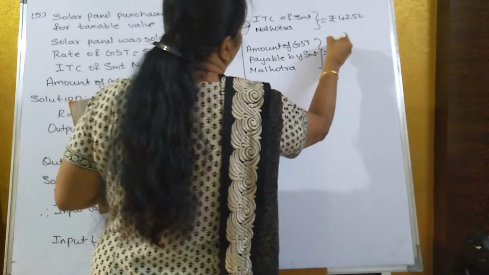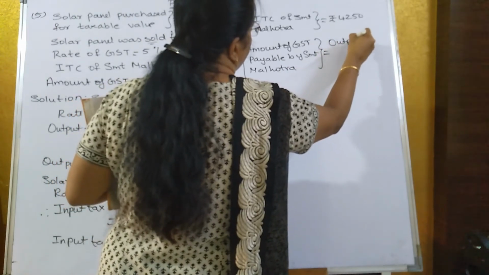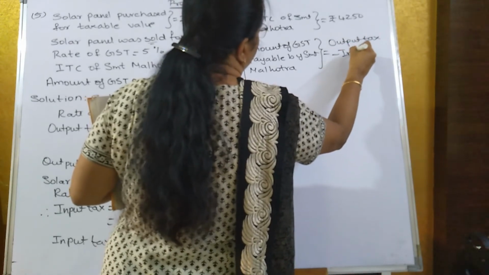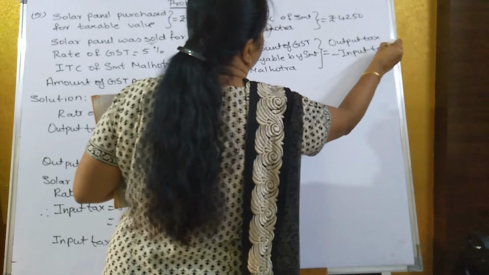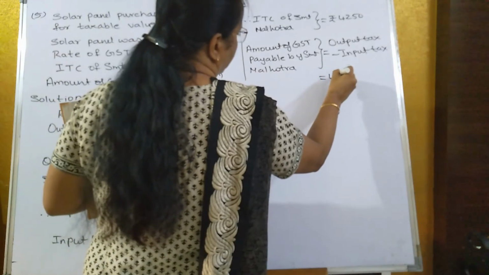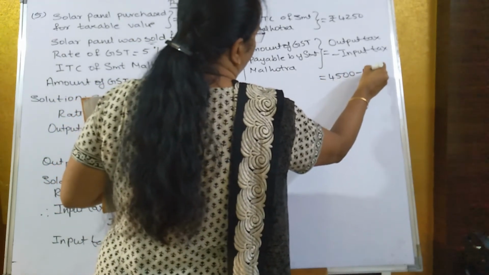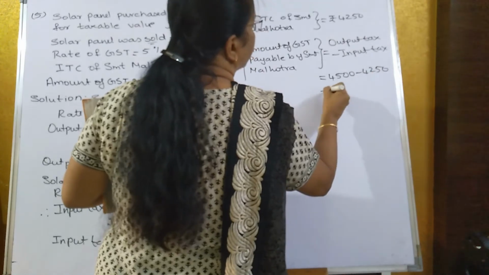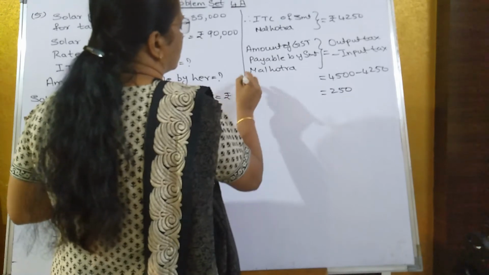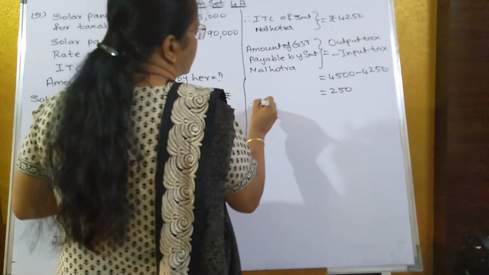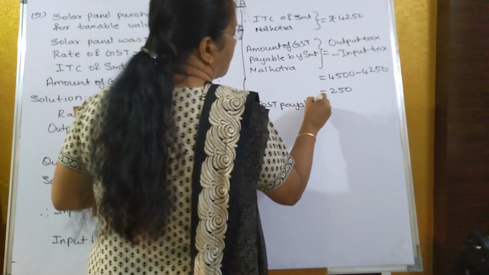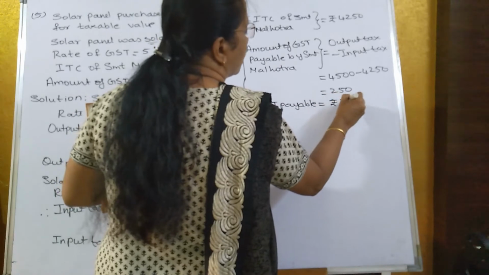GST payable is equal to output tax minus input tax. What is output tax? 4,500 minus 4,250, that's equal to 250. Therefore, GST payable is equal to rupees 250.